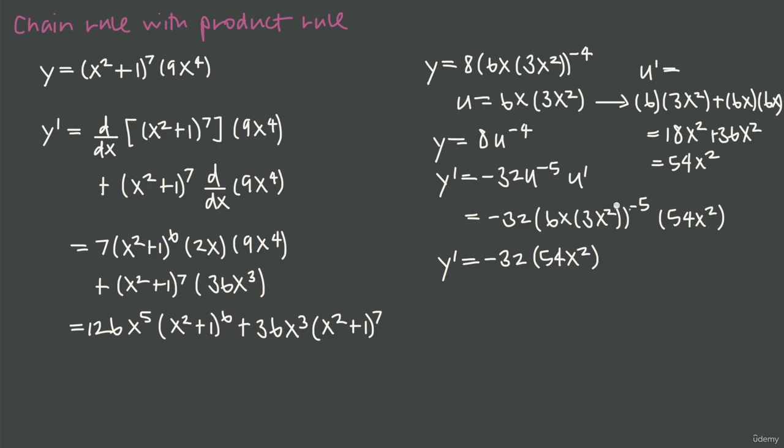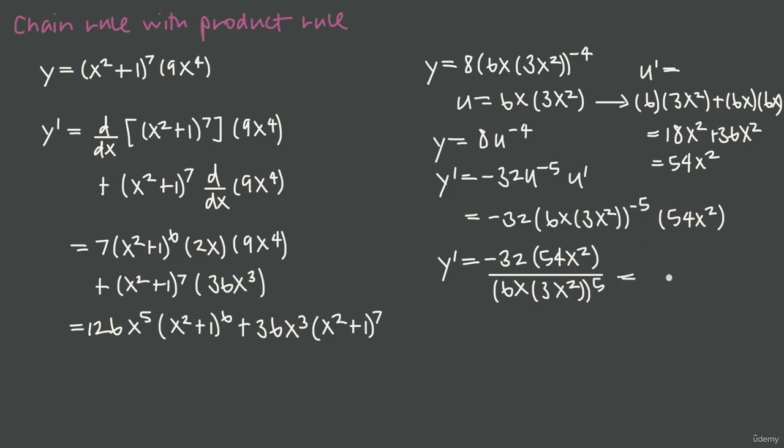And then because this entire expression inside the parentheses is raised to the -5 power, remember that we can make this exponent positive by moving that entire value to the denominator. So if we move that whole thing to the denominator from the numerator, that exponent becomes positive. So we can say here 6x multiplied by 3x squared. And now we raise that to the positive 5 instead of negative 5.